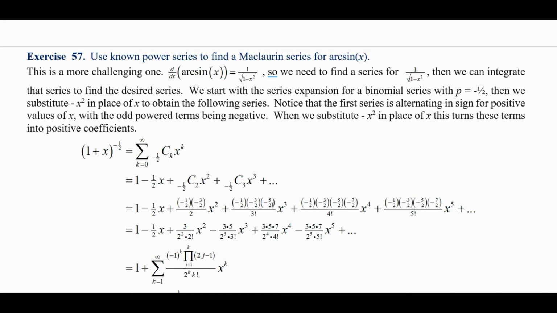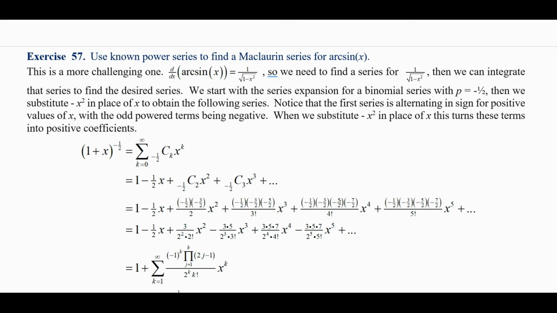That's negative 5/2. So you get those 3 terms. So that's going to give us a 2 to the 3rd in the bottom, which is 8, and then we're going to get this 3 factorial in the bottom. And we get a 1 times 3 times 5 in the top, or just 3 times 5. And we have 3 negatives, so that one's negative. 2 negatives here made just a positive.